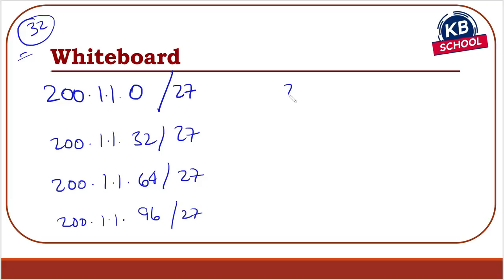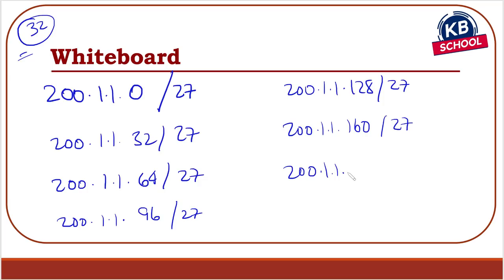So whatever your increment number is, those are your new network numbers. So 128, 160, 192, and on. All I'm doing is adding my increment number to the last network, and that's my new network. So these are my 8 new networks.